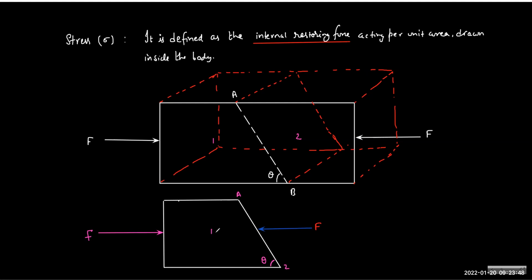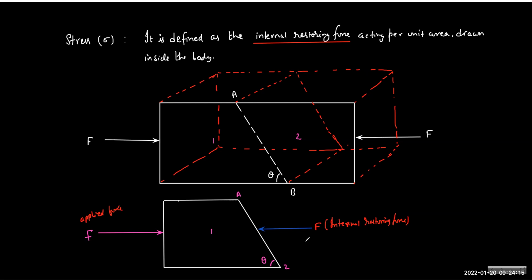So the whole idea of internal forces: now you can see that this is the applied force, and this is the internally developed, or you can say internal restraint force. You can clearly see that they are equal in this particular case.